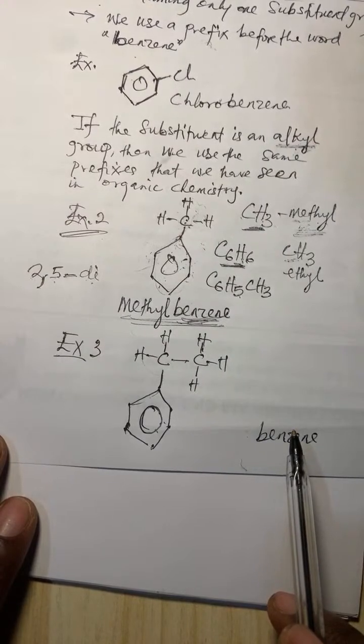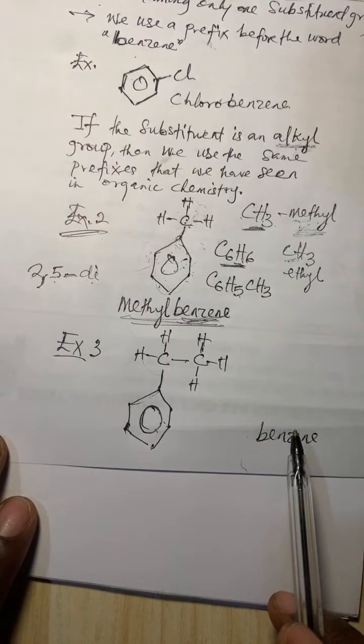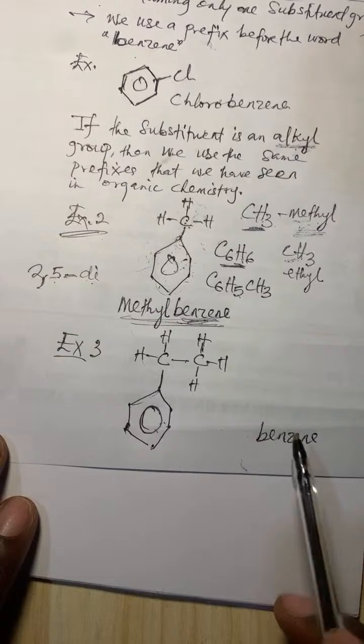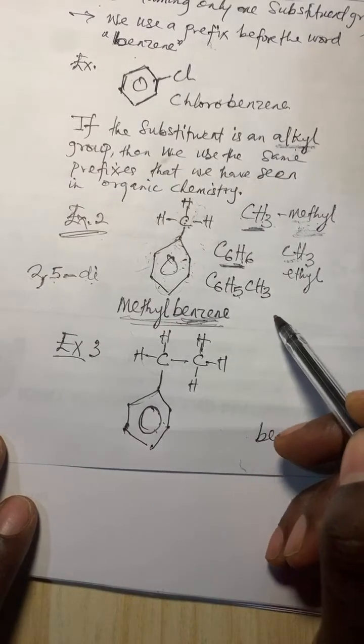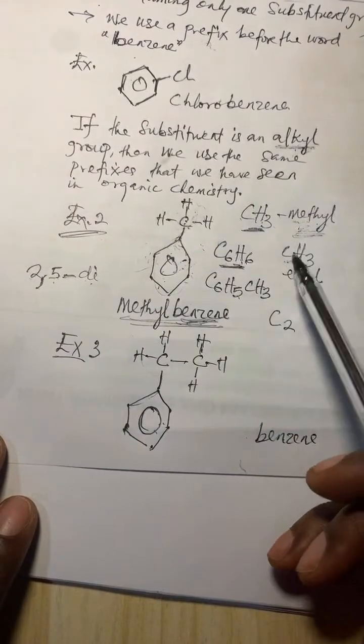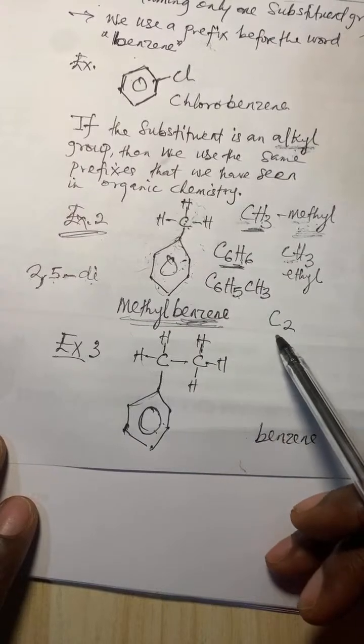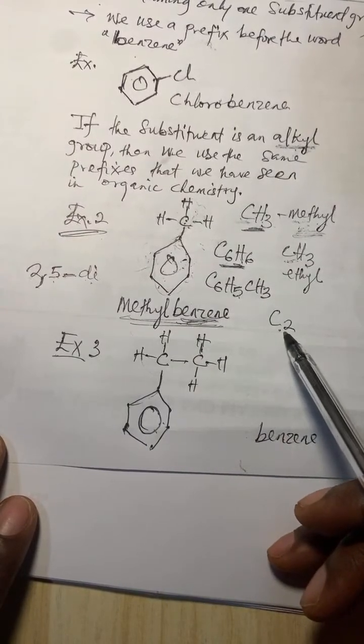Somebody just got the answer, and the person says the answer is ethylbenzene. That is brilliant. How did you know that was ethyl? Ethyl has the formula C2 because et means two. Remember, met means one, that's why we have just a single carbon. But when you talk about two carbons, it becomes et.